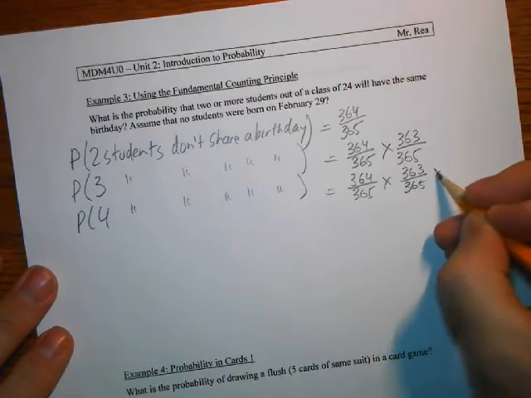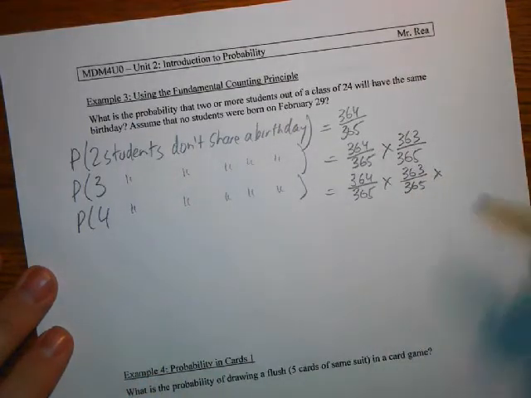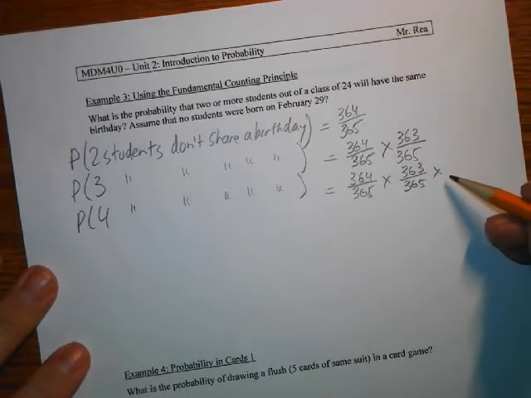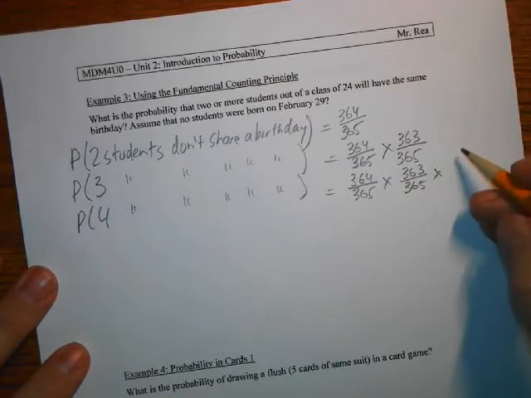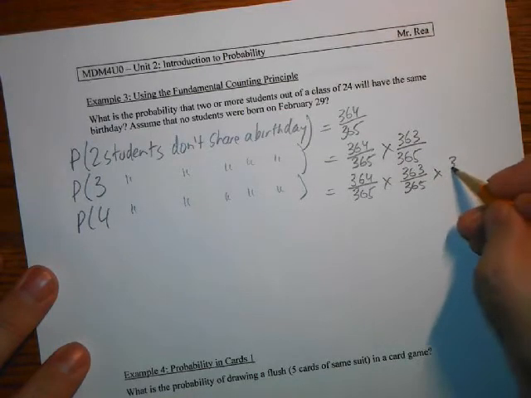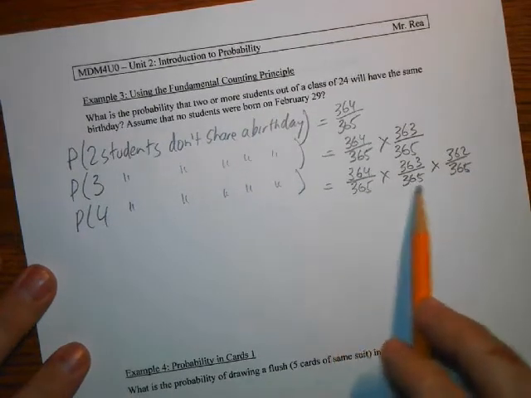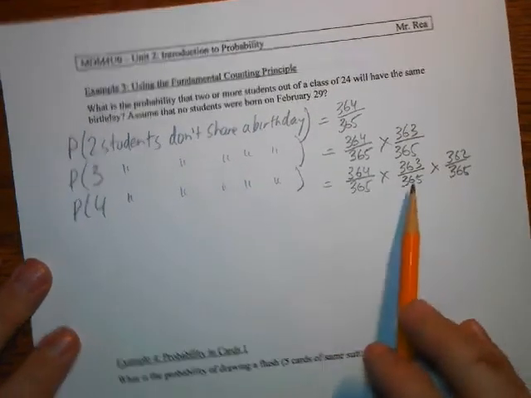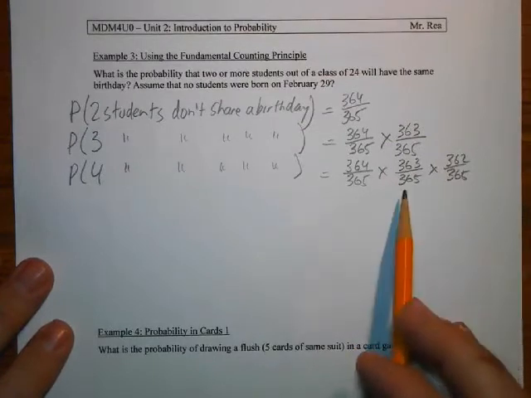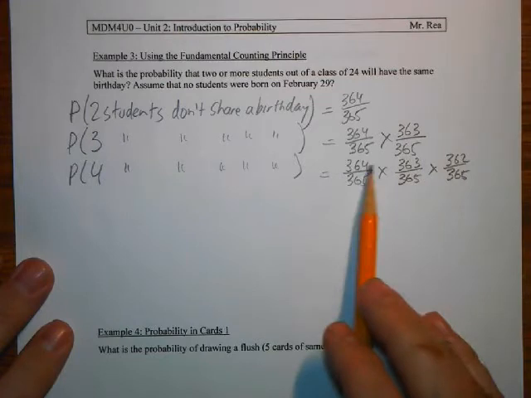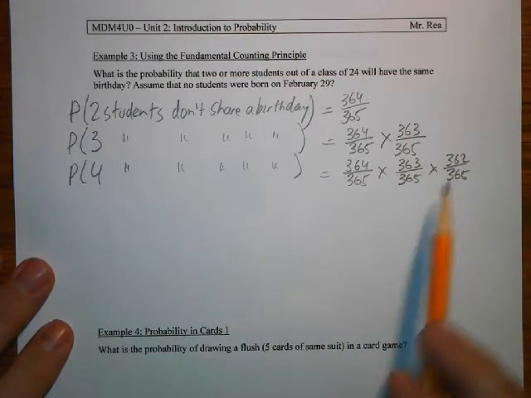And then the fourth person, what's the probability that he or she doesn't have the same birthday as the first 3 people? Well, we take away the 3 dates from the first 3 students, so we're down to 362 over 365. So you can see the pattern here. The denominator just stays the same, the number of days in a year, and as we progress, we're lowering the numerator by 1 each time.